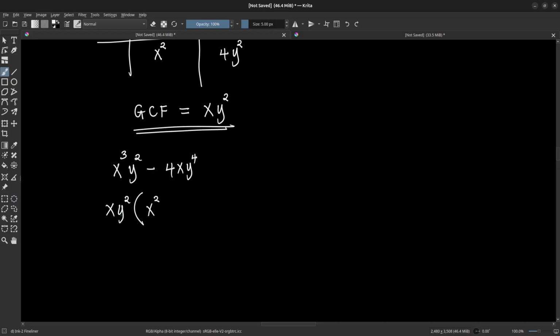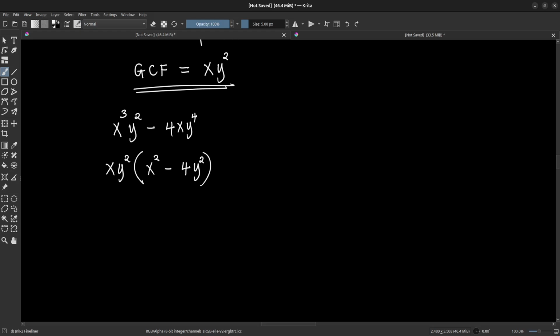Y squared divided by y squared goes away. Minus 4x y to the power 4 divided by this expression: the 4 divided by 1 is just 4, because xy squared is the same as 1xy squared. So the x will cancel out with the x, so the x's are gone. And then for the y, we have y to the power 4 divided by y to the power 2, and that is going to be 4y squared.